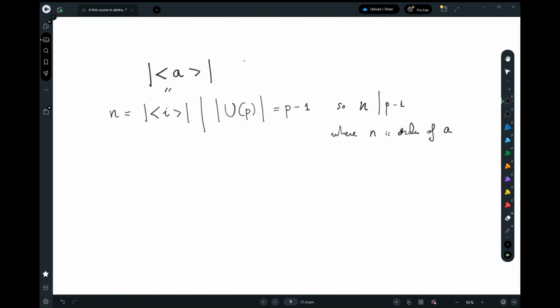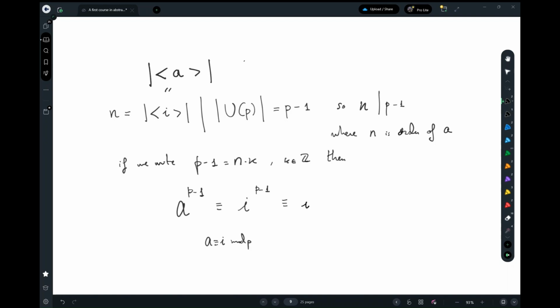And if we write p minus 1 as n times k, for some integer k, then what do we have? A to the p minus 1 will be congruent to I to the p minus 1. We just said that A was congruent to I modulo p.